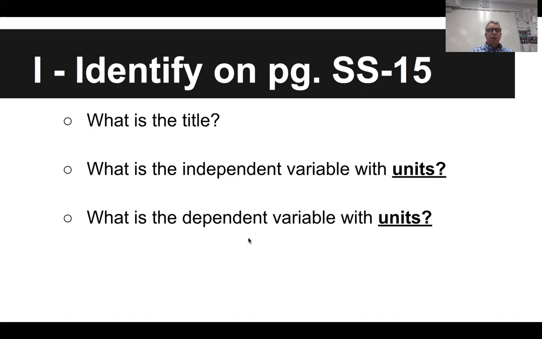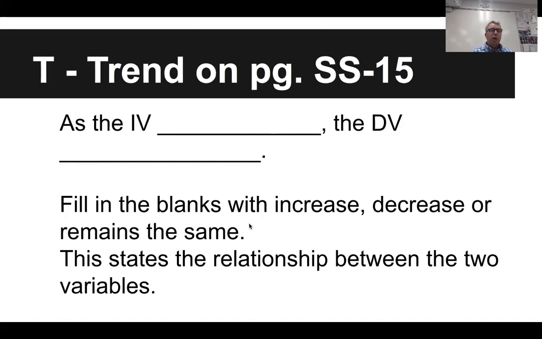All right. The next, we're going to try to identify the trend. So what we want is a statement, it's almost like a hypothesis, but it is actual factual. So as the independent variable increases or decreases, what happens to the dependent variable? Does that increase, decrease?